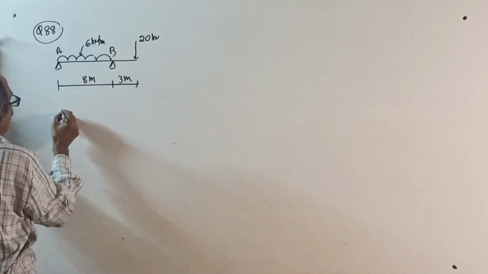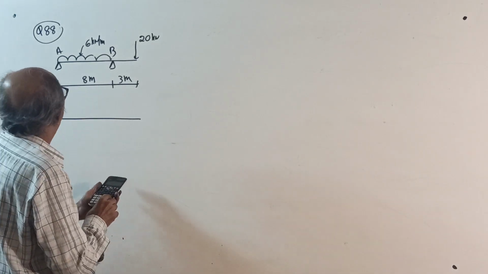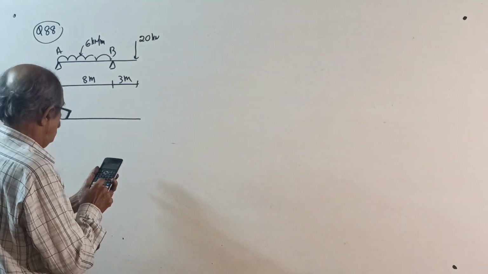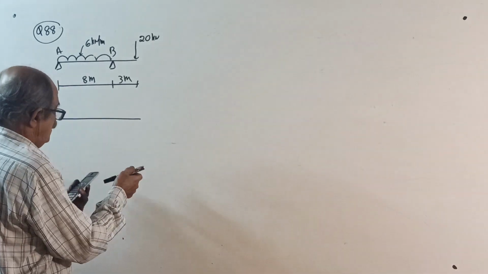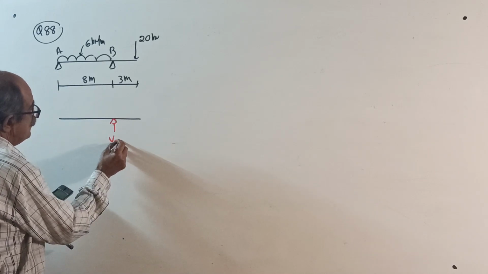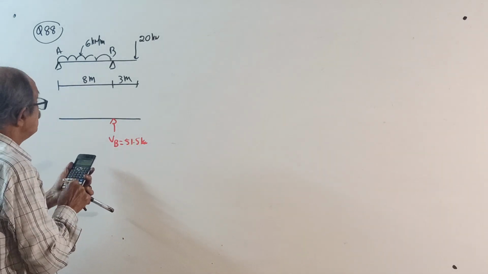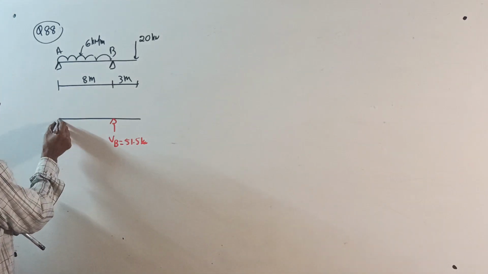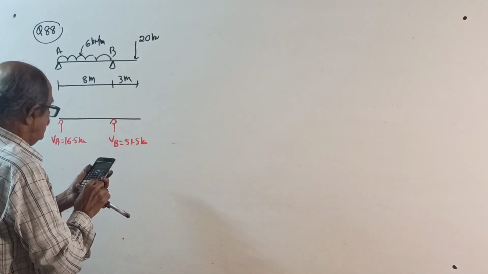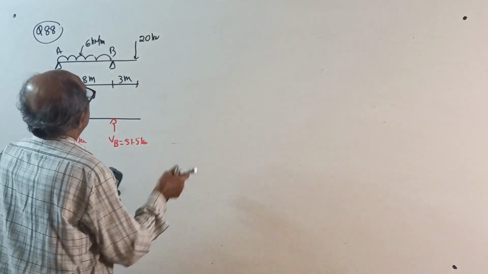A, B. VB 51.5 kilonewton. VA 16.5 kilonewton. I check the answer. Correct. 89.